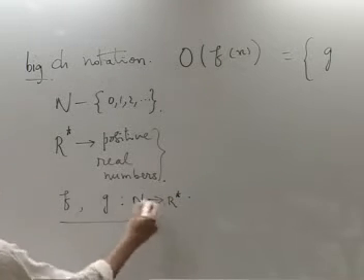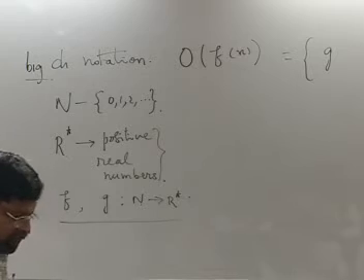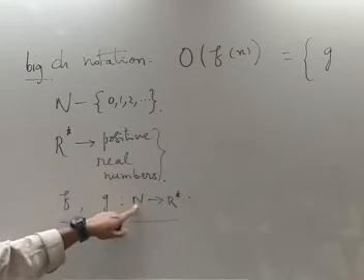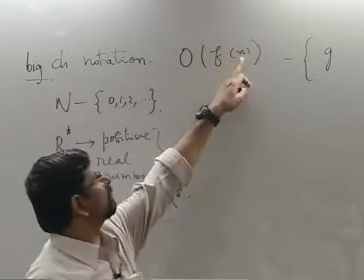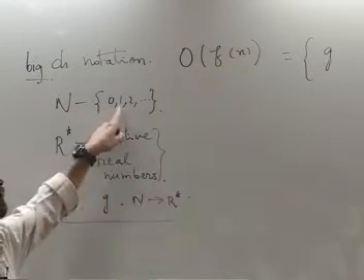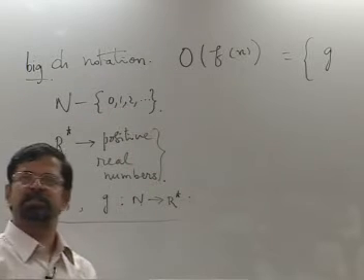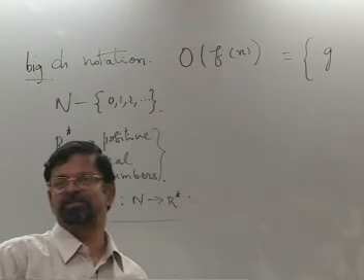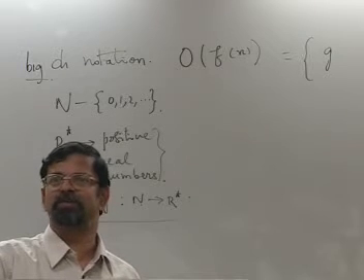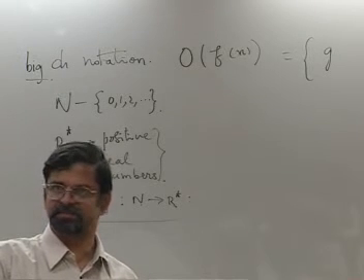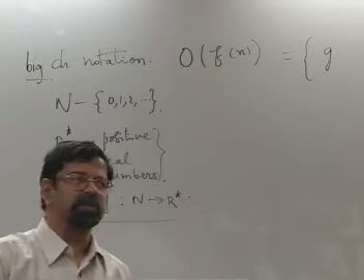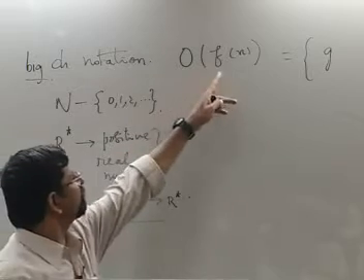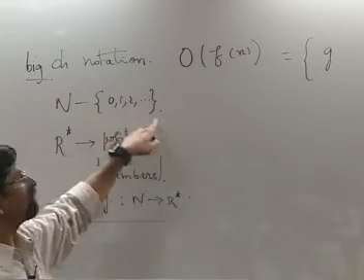What do you mean by a function N to R star? N, which we give here, is an integer. The reason is input size is generally going to be an integer, and hence we are not going to encounter fractions. So we assume that F, G, etc., they work on integers.